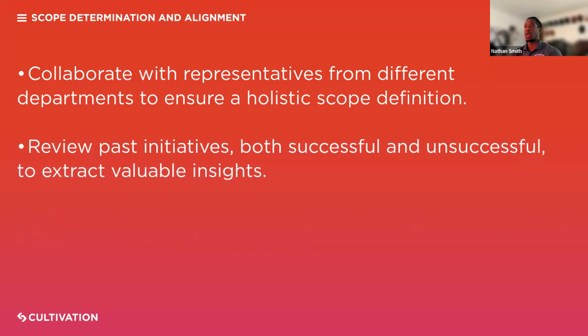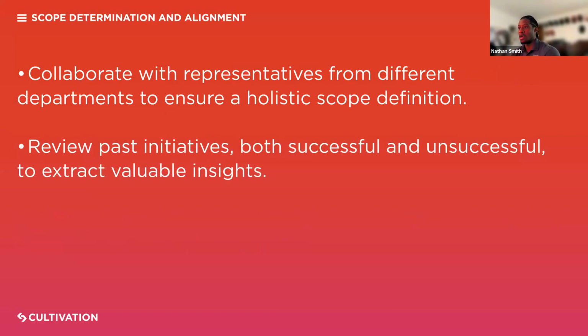You're also going to want to determine the scope and see what truly aligns with your business. Now, there are different types of businesses that have different cultures. Some businesses are way more aggressive when it comes to competing with their competitors. Some are a little bit more laid back. Some companies have a much more fun atmosphere.